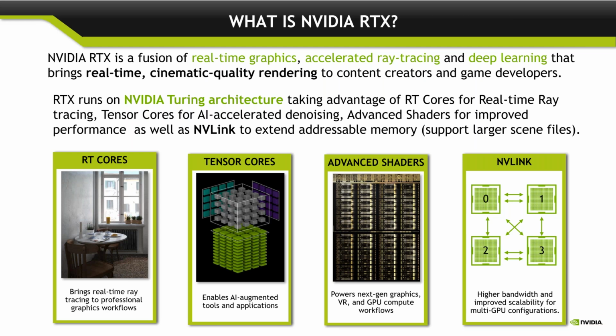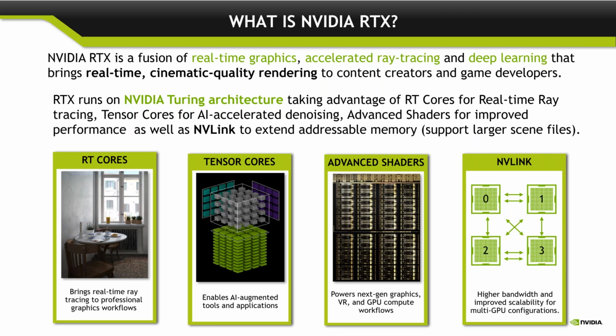The Turing architecture is different from the previous architectures which we had. As you know, NVIDIA comes out with new architectures every 1.5 years. The latest one before Turing was Volta, and Turing builds upon Volta and introduces many new features.